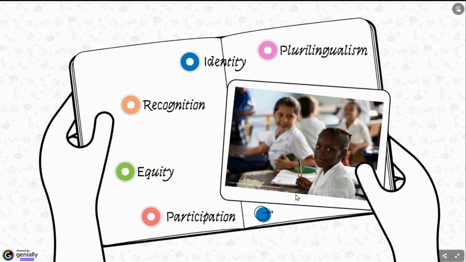Our analysis highlights five key ideas: recognition, identity, equity, participation, and plurilingualism. These concepts remind us that bilingual learning environments should not only teach language, but also create fair opportunities for students to belong, participate, and be heard.